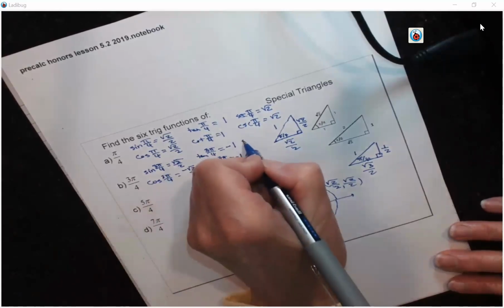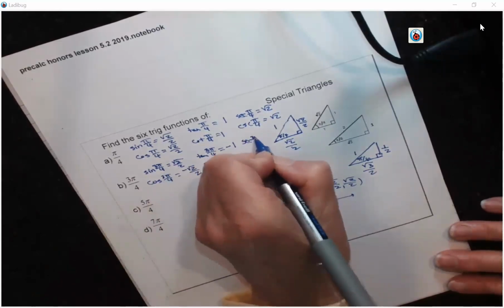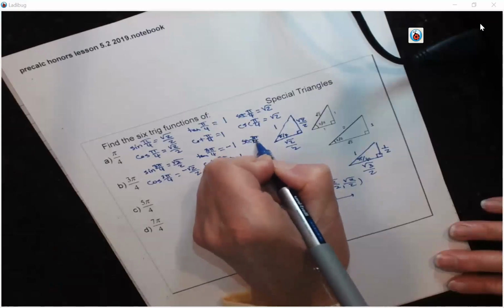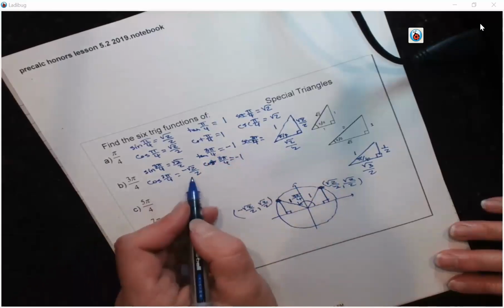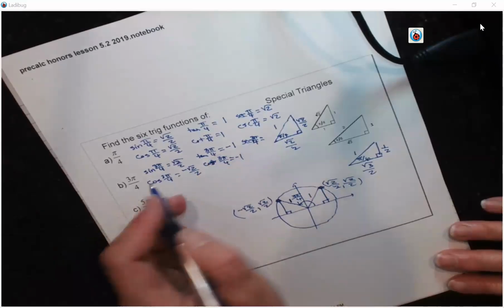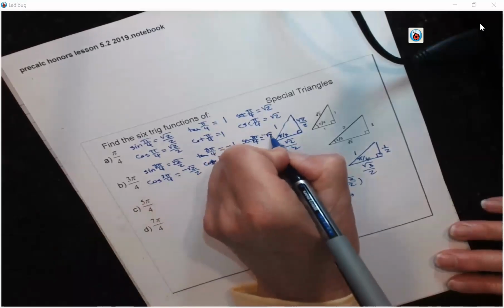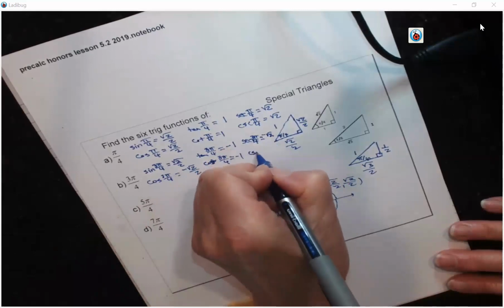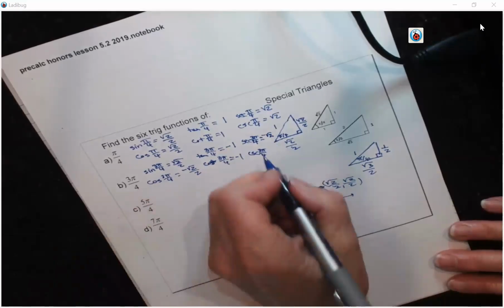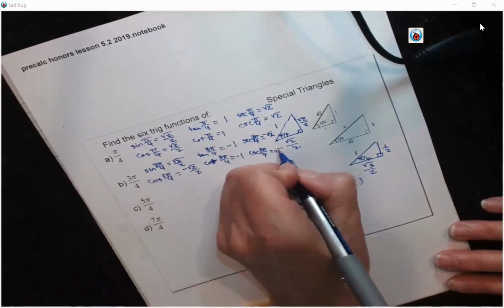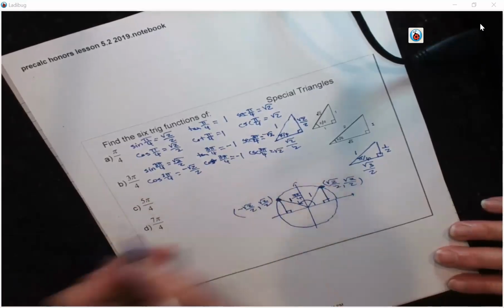The secant of 3 pi over 4 is the reciprocal of the cosine, so it's negative, and it's going to be negative root 2. And the cosecant of 3 pi over 4 is the reciprocal of the sine of 3 pi over 4, which is positive root 2. And I'm going to put an etc.